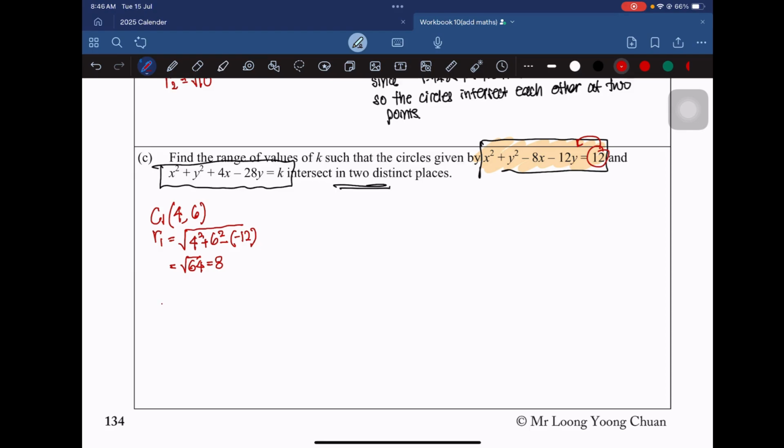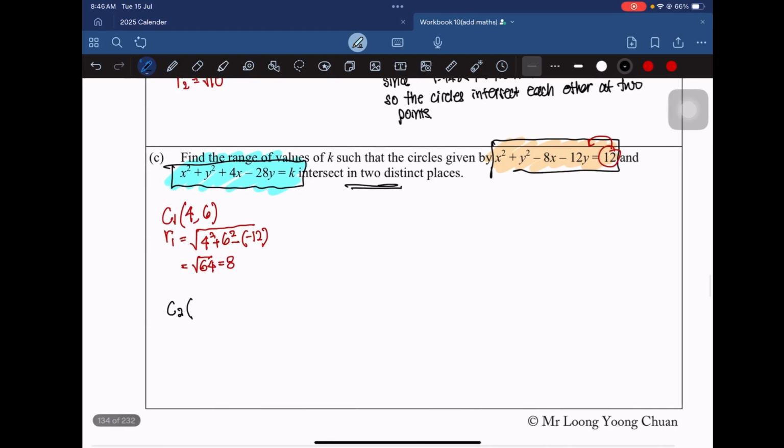Okay, then C2, which is the second equation. C2, you will look into, it's also the expanded form. So we can see C2 is +4, become -4, divide by 2, so it's -2. Then -28 divided by 2 is +14.